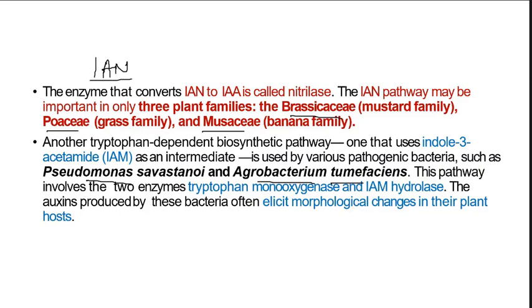Dehydrogenation. So please remember this sequence, which is very important for your exam. And the last step is IAA formation. So the name of this pathway is the IPA pathway, which is the most common pathway for IAA biosynthesis in plants.